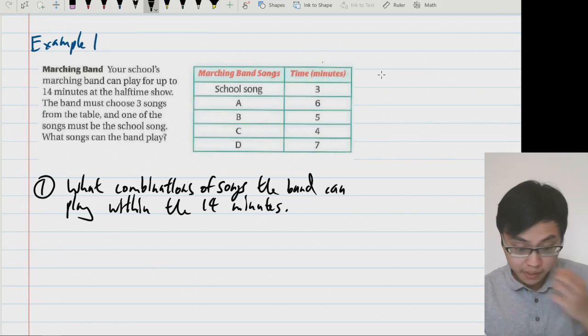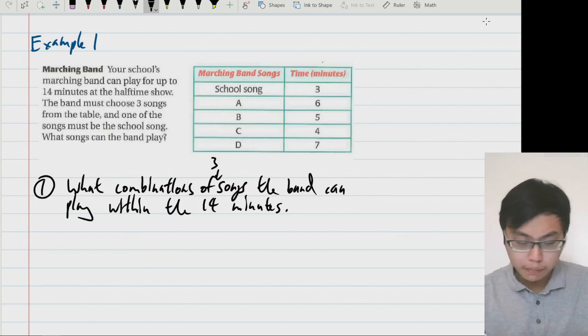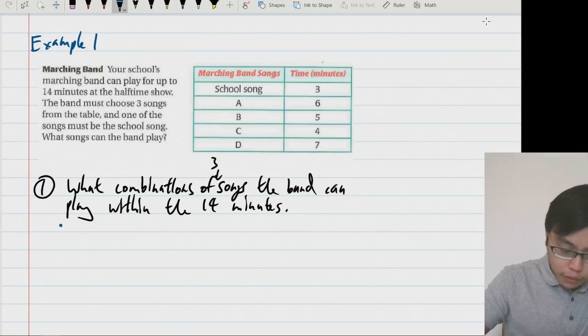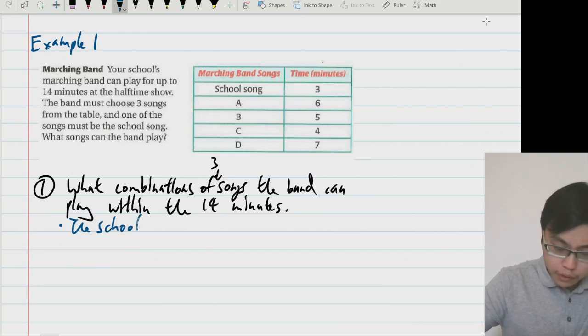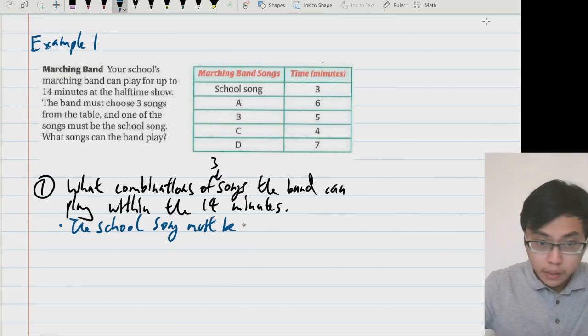We have 14 minutes and then three songs. So what combination of three songs the band can play within the 14 minutes. What other information do we also know? We also know that the school song must be included.